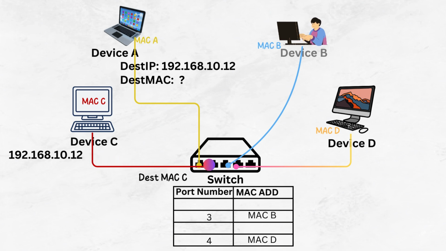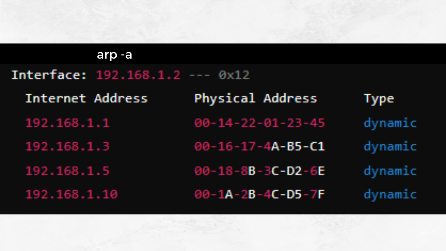Device C, which has the IP address 192.168.10.12, sends the ARP response with its MAC address. Device A updates its ARP table as cache. This ARP output on Windows OS shows IP to MAC address resolution.